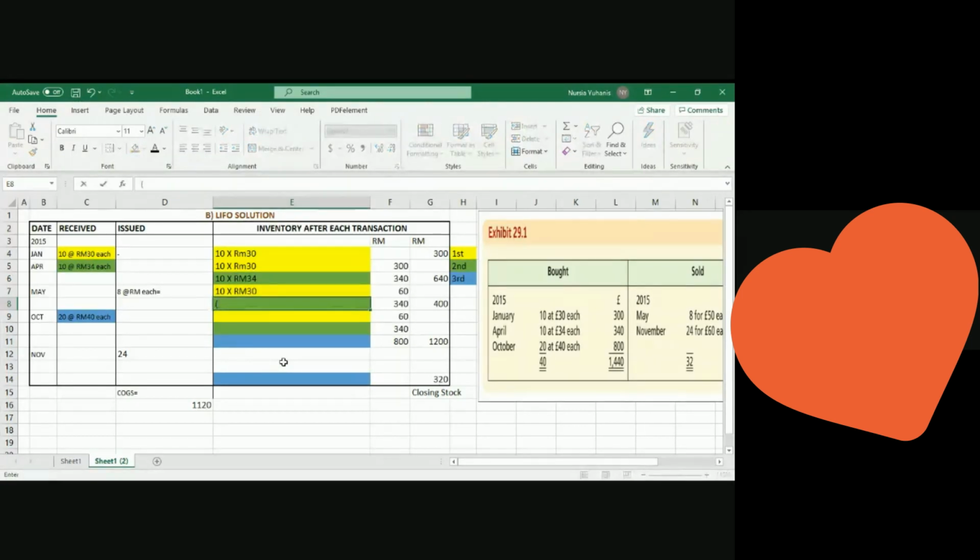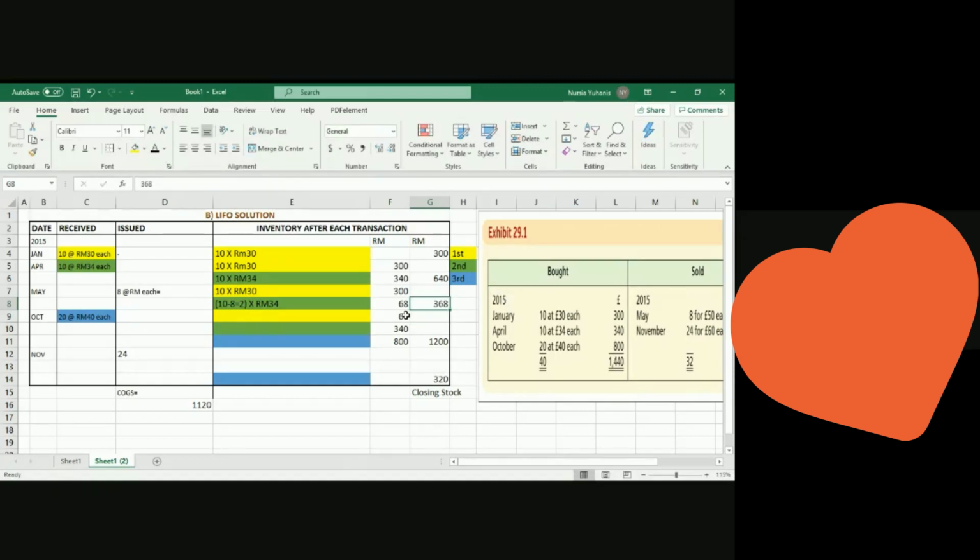From green, 10 minus 8, so now you only have 2 items, multiplied by the price RM 34. The total here is 300, and this one is 34 multiplied by 2, which is 68. So this one is 368.